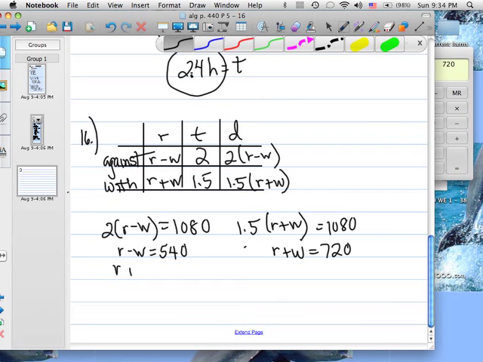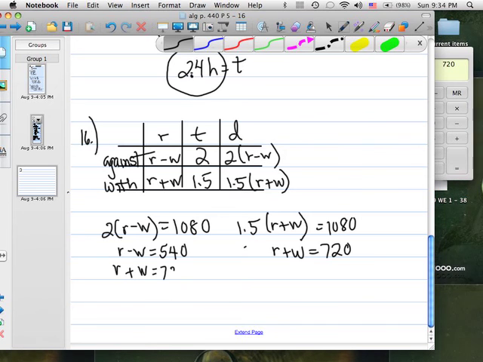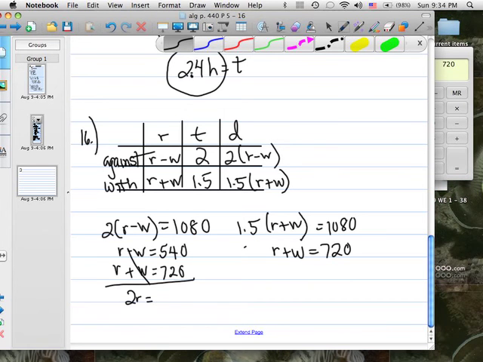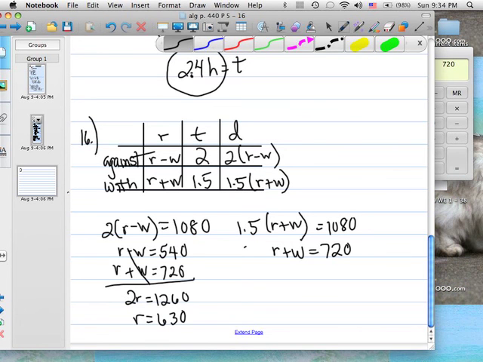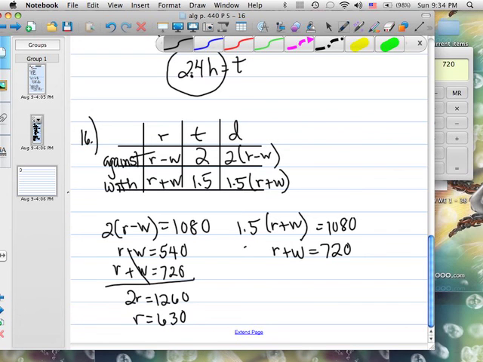And then using our system, we can add them together. We'll eliminate the W. So 2R equals 1260. R equals 630. So the speed of the plane in still air is 630 kilometers per hour.